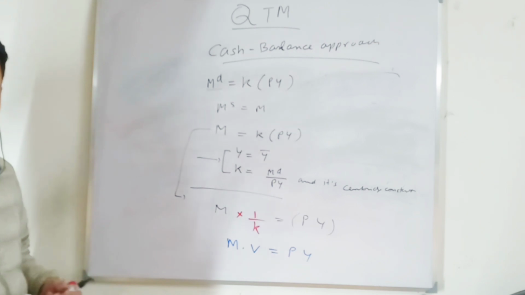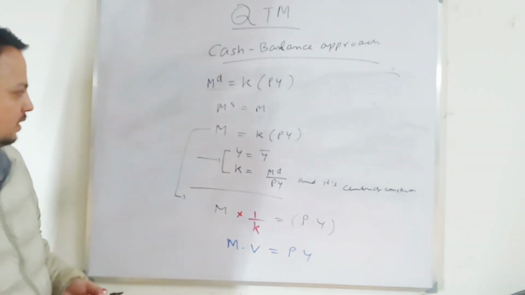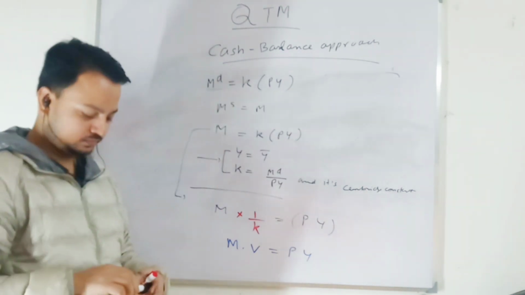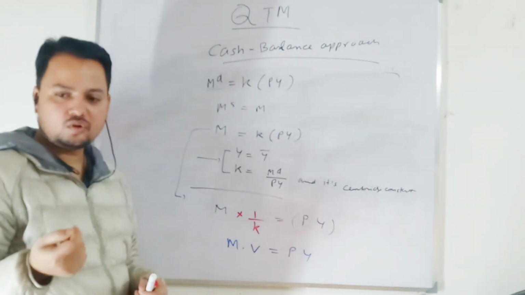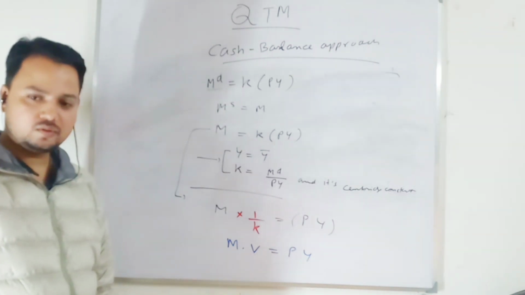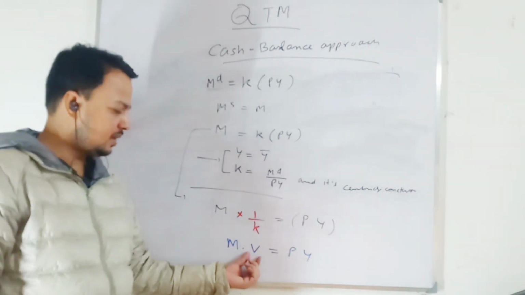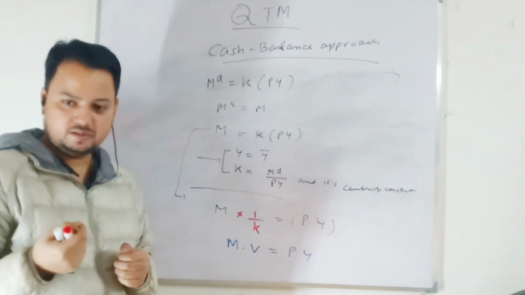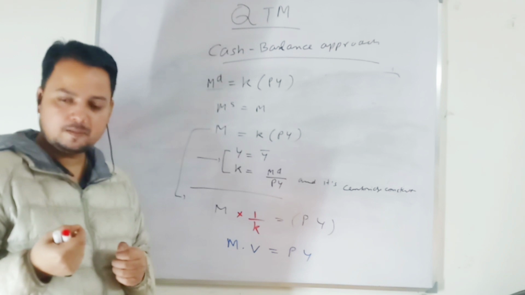Yes or no? But what is K here in the Cambridge formulation? Money demand as a proportion of your value of output, right? So this V term implicitly has a money demand function in it, right? Agree?